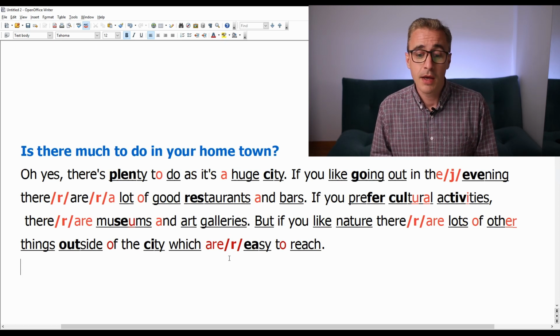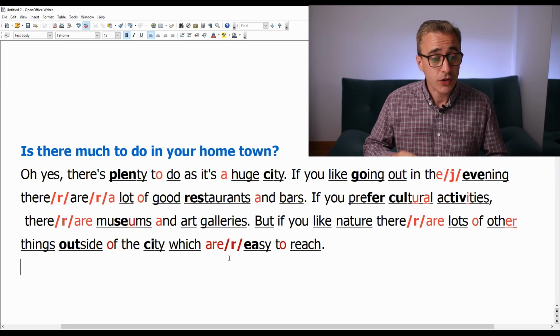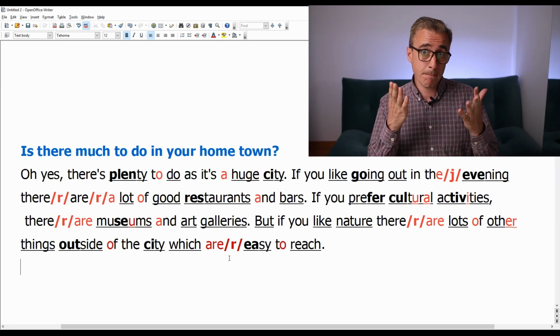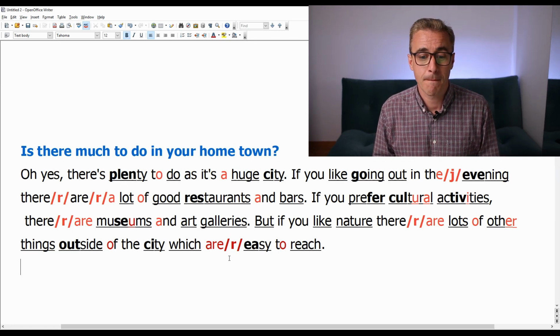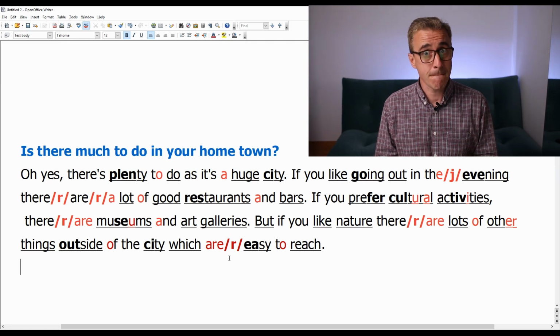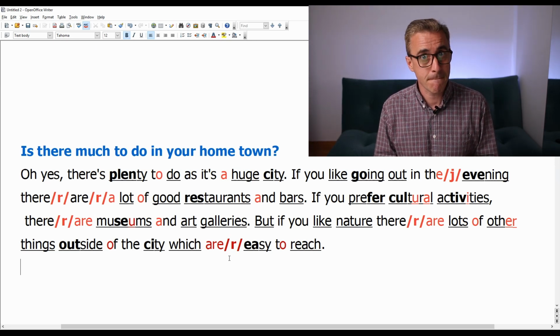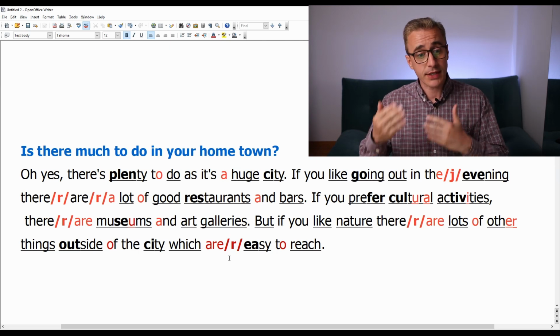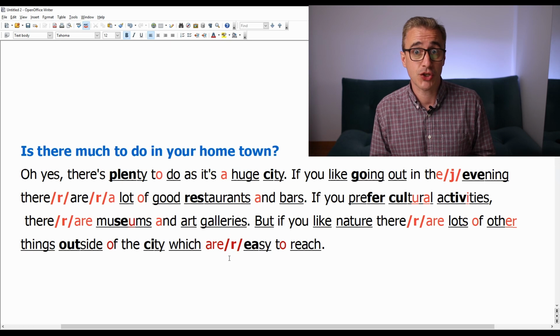Excellent. But if you like nature, there are lots of other things outside of the city which are easy to reach. Perfect. That was really good. Excellent. So let's look at the third question.